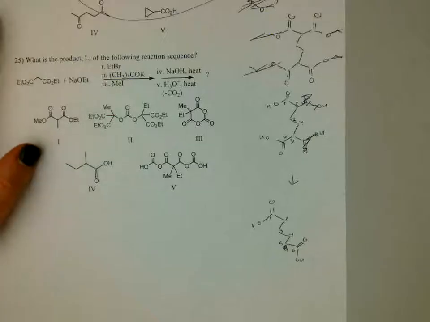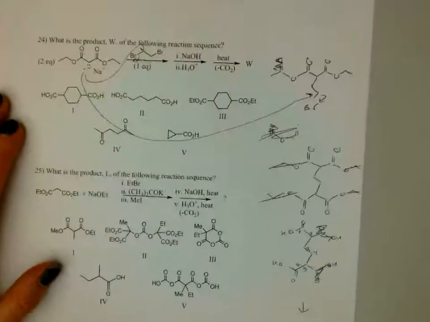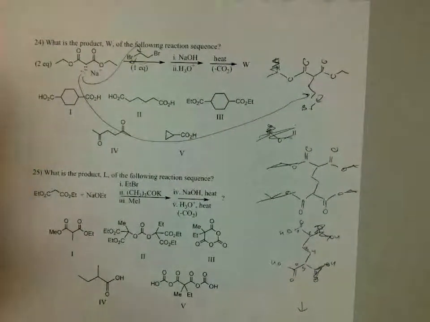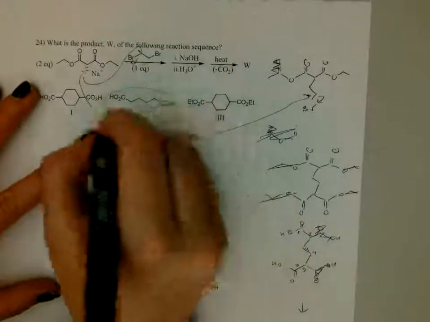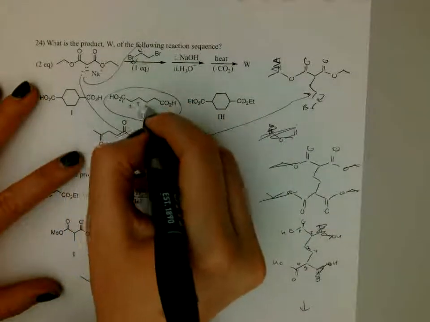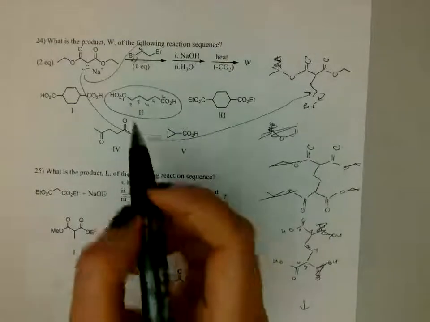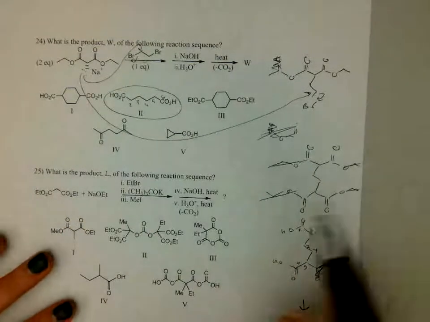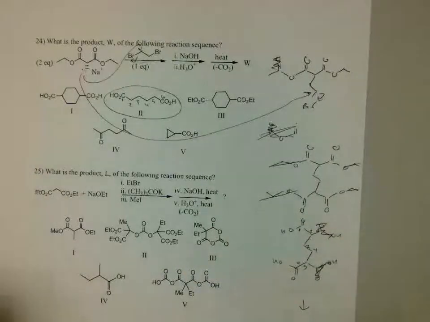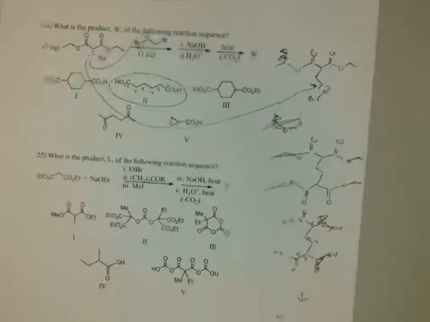So you can still get 2 carboxylic acids on either side if you want to. And the only one that's even close to this structure would be this one. 1, 2, 3, 4, 5, 6. That's right. I like to just count my carbons just to make sure. This one's kind of close, but it doesn't have the carboxylic acids. These made these crazy rings, so answer B is your right one.